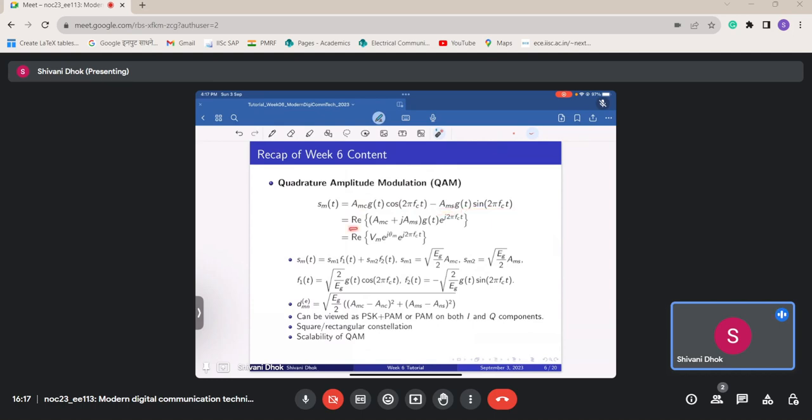This can also be written as the real part of this complex quantity, (A_mc plus j A_ms) g(t) e^(j 2 pi fc t). And this can also be written as the real part of V_m e^(j theta_m) e^(j 2 pi fc t), where V_m is under root of A_mc squared plus A_ms squared. Let me write it properly.